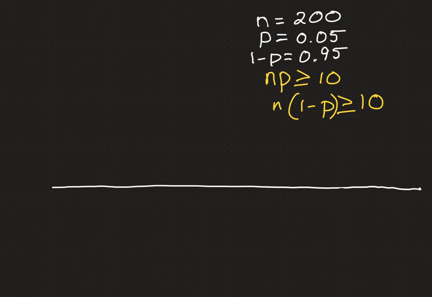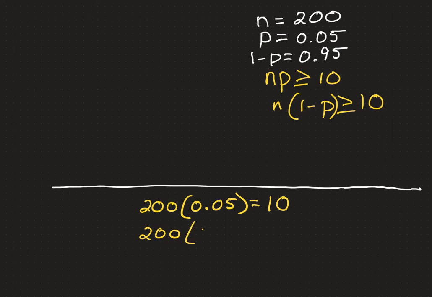Once again, 1 minus p would equal 0.95. We just need to check both instances. Let's see. n times p, is that greater than or equal to 10? Well, n is 200, p is still 0.05, and that equals 10 exactly.